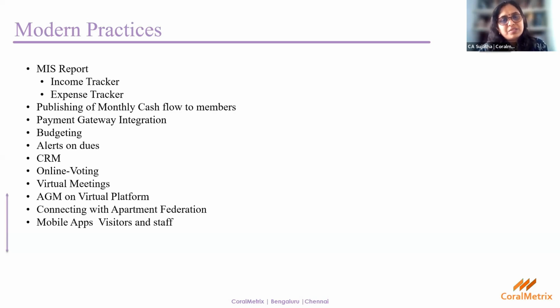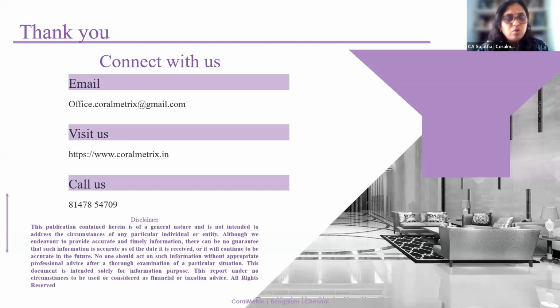Due to their business or official travel, virtual mode enables them to stay connected and discharge their roles and responsibilities much better than earlier. So these are some of the best practices followed by the apartments in Bangalore.